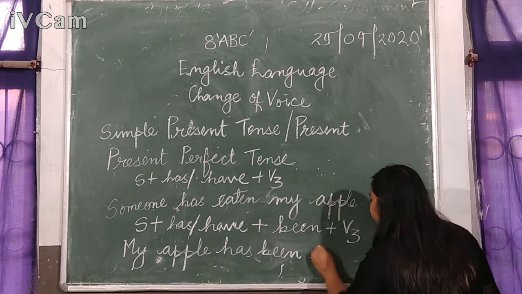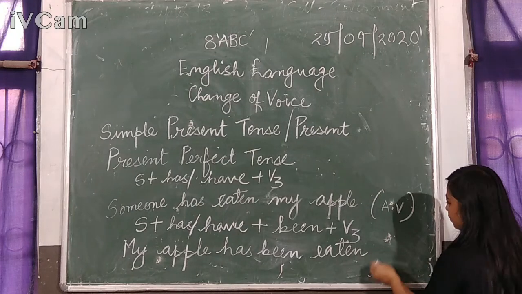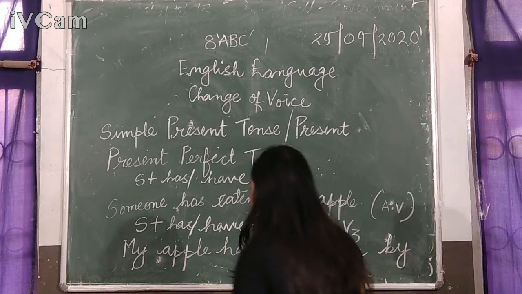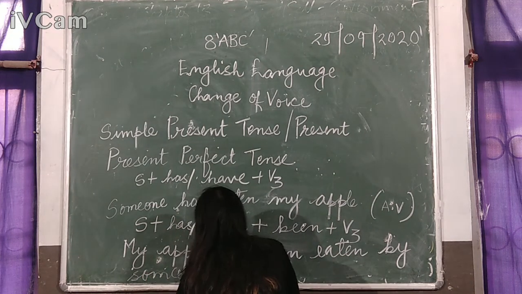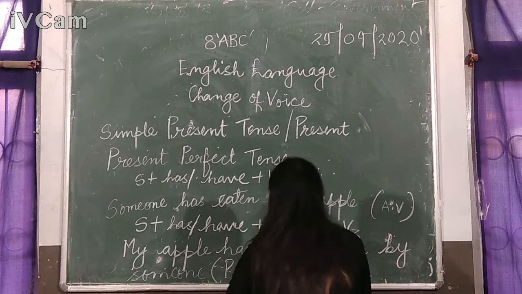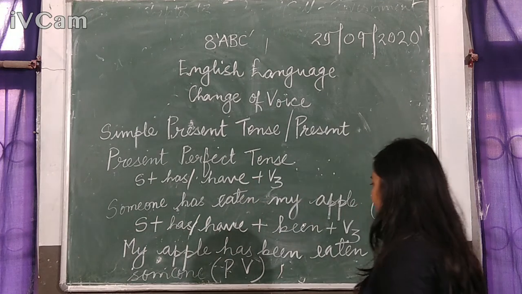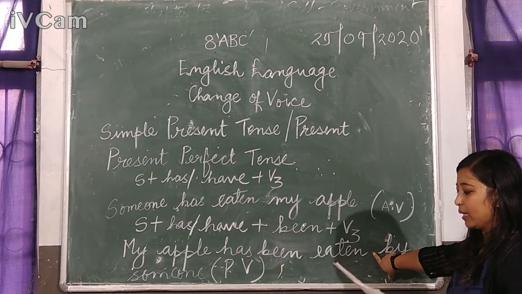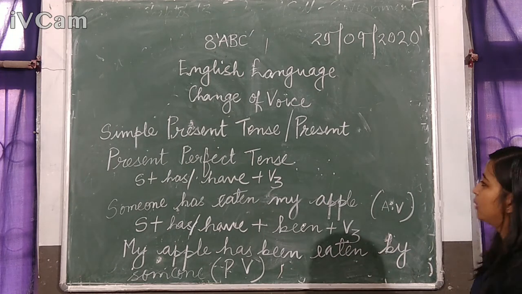This one is also correct. And my apple has been eaten by someone. That is also correct. This is passive voice. Now see the structure properly. My apple has been eaten is also correct, and then my apple has been eaten by someone. That is also correct.